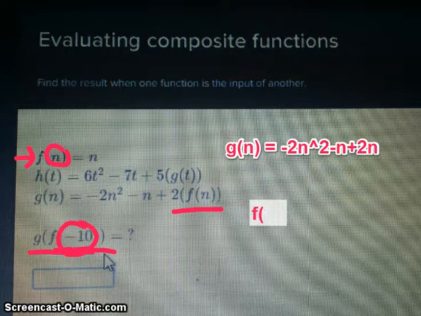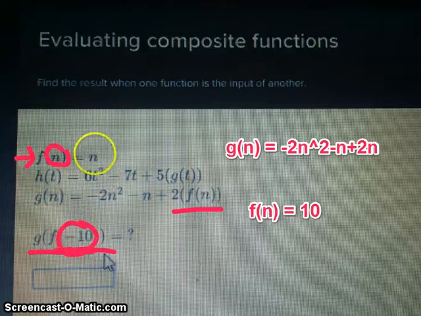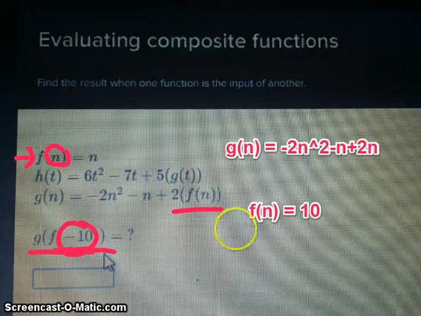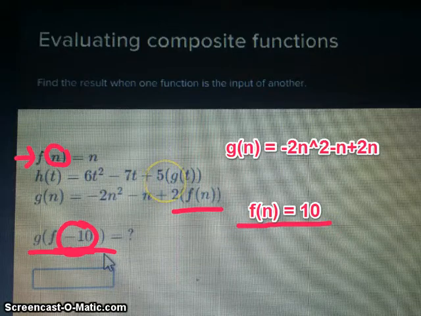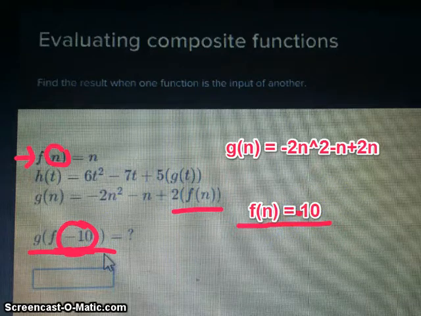that f of n would just equal 10, because you're inputting 10 into that function. Therefore, you can now see that f of n is equivalent to 10 when you plug in, or I guess negative 10, my bad, that's supposed to be a negative.